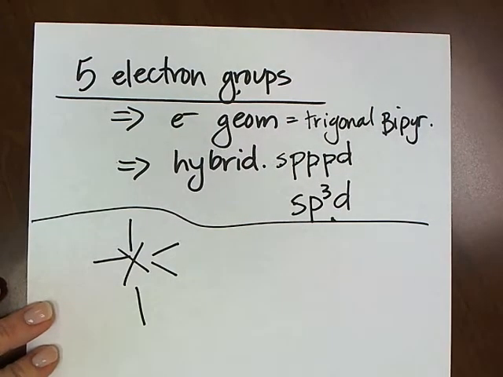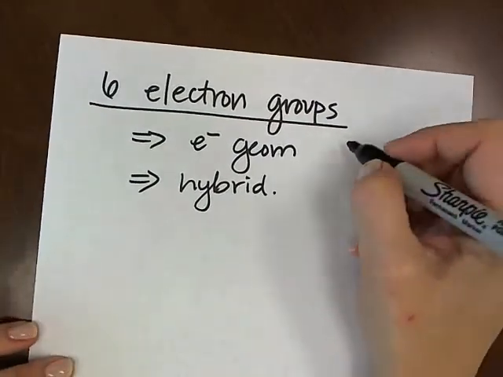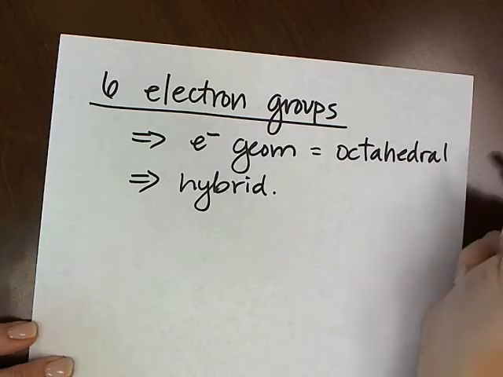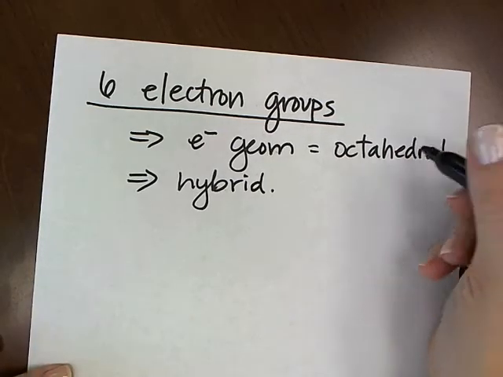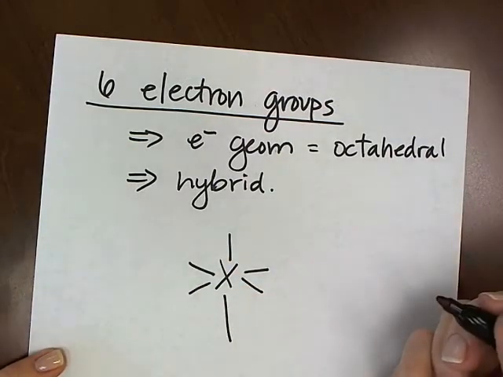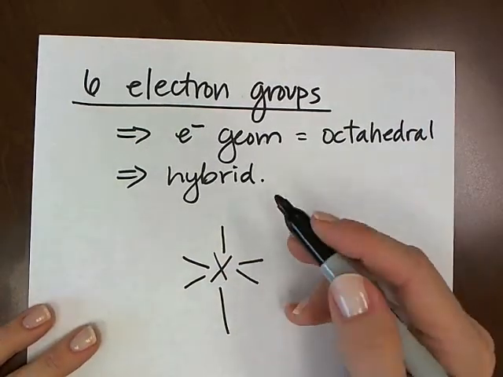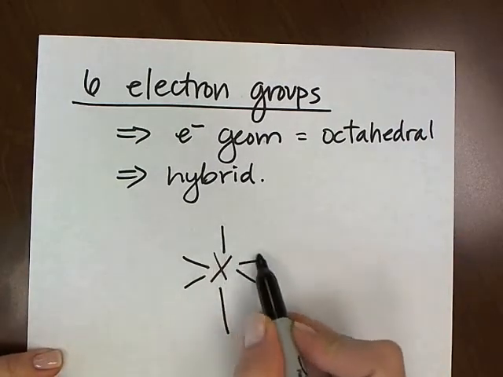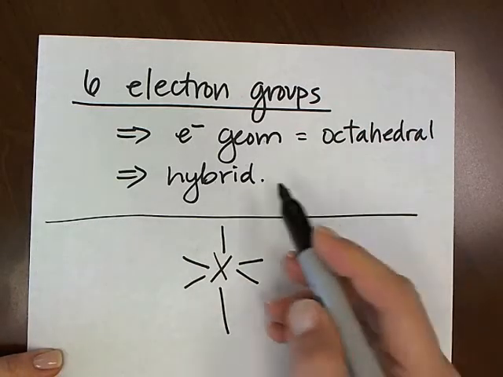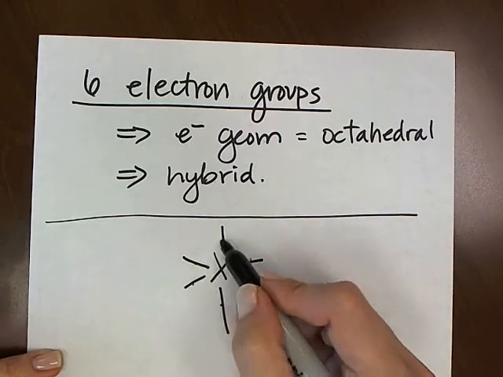And likewise, if there are 6 electron groups, they're going to try to have an octahedral geometry, which is like a bunch of 90-degree angles. Would look like this. And of course, some of these could be lone pairs, and we could get some different geometries. But no matter what the makeup is here, whether they're single bonds or lone pairs, if you need hybridized orbitals to make up 6 bonds, count them, 6.